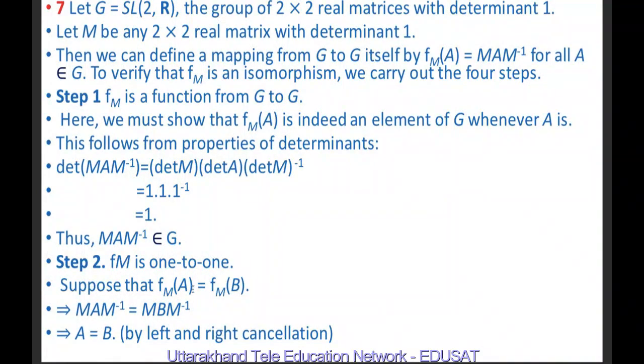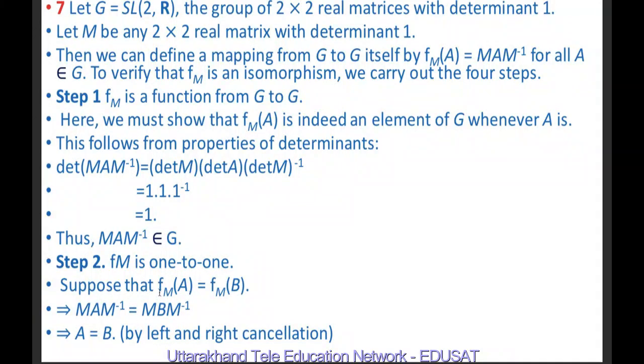Suppose FM(A) equal to FM(B). FM(A) is nothing but MAM inverse, as we have defined here. If we replace A by B, where B is also a 2 by 2 real matrix with determinant 1, then this will be MBM inverse. If we apply the left cancellation law, M will cancel out.